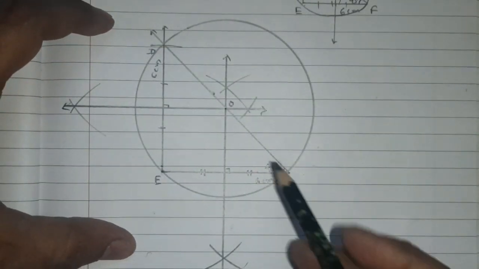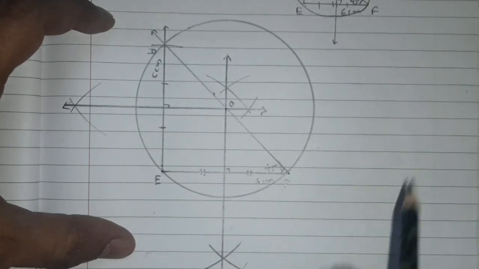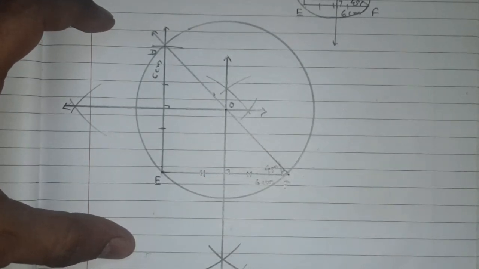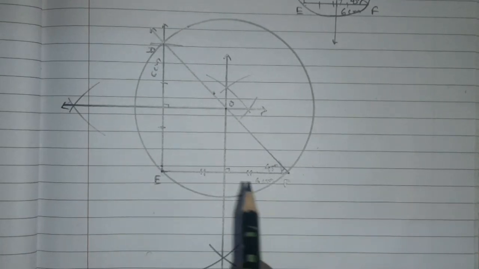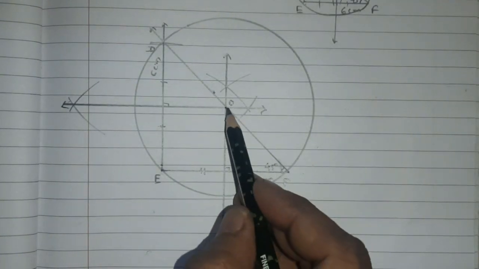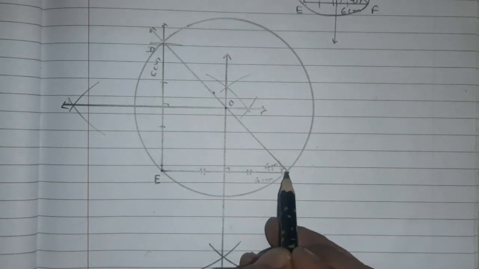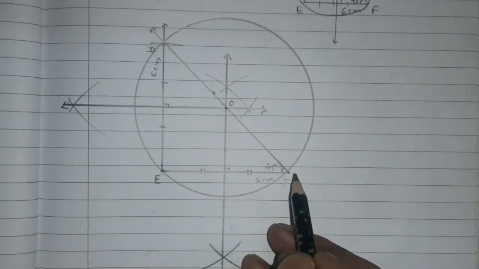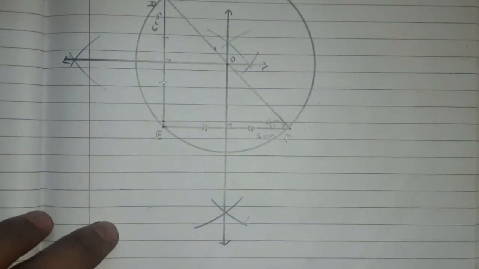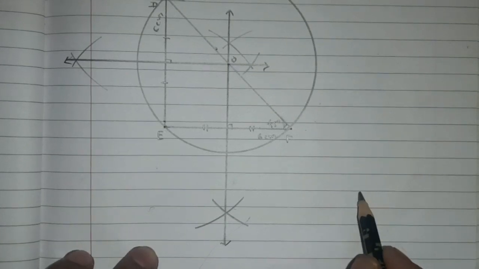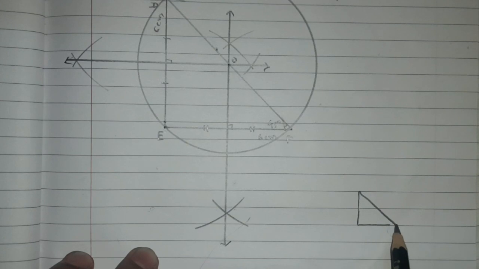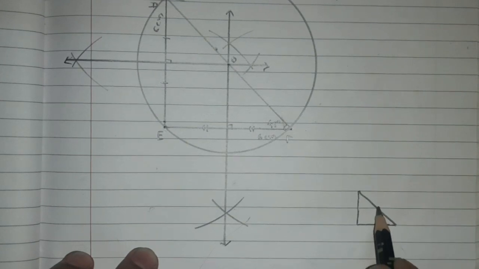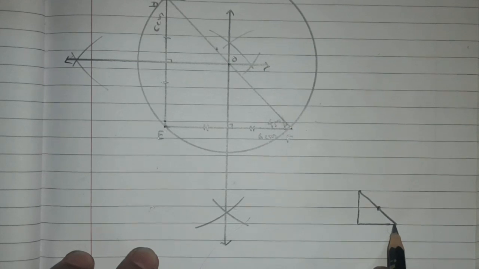See, dear student, this triangle DEF is a right angle triangle, and when the right angle triangle is there, its circumcenter is the midpoint of hypotenuse. Dear student, see, if the triangle is right angle triangle, then the position of circumcenter is a midpoint of hypotenuse.